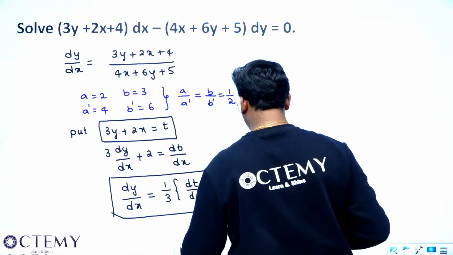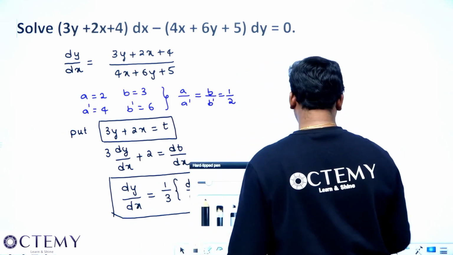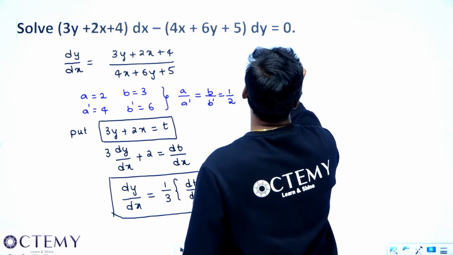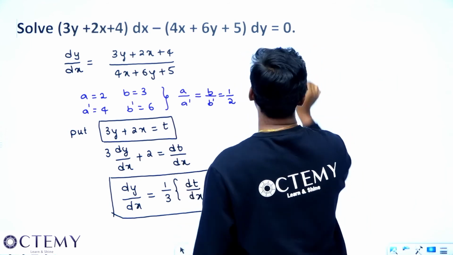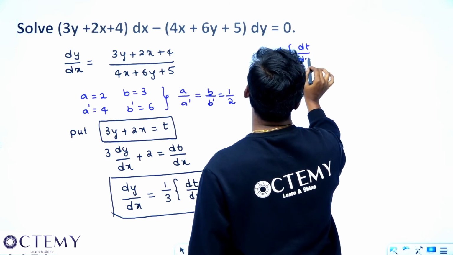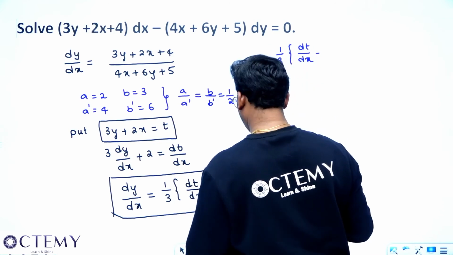If you do this substitution, see sir, what will you get? This dy by dx can be written as 1 by 3 times dt by dx minus, say you write 2 by 3 only, sir.